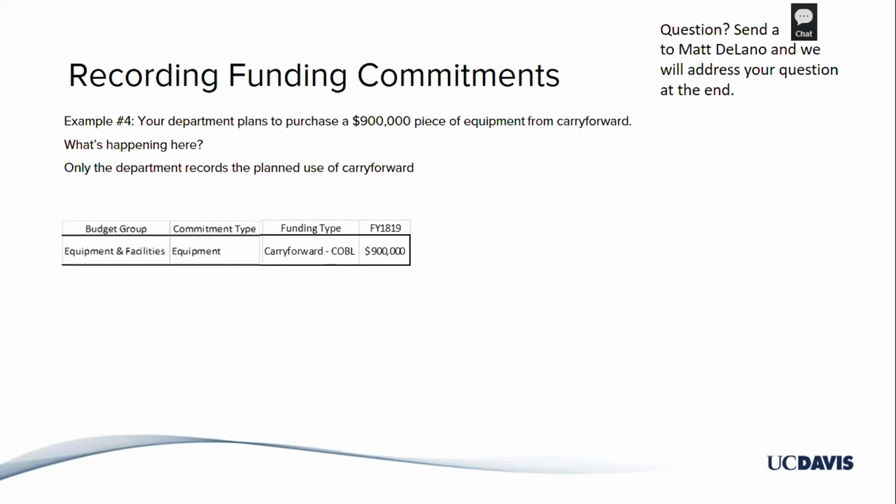The example is that your department plans to purchase a $900,000 piece of equipment from carry forward. So it's just one entry, and only the department records the entry. You pick your budget group, equipment and facilities, commitment type, equipment, and the funding type. Since you've already committed, it's a COBOL for $900,000 of expense.